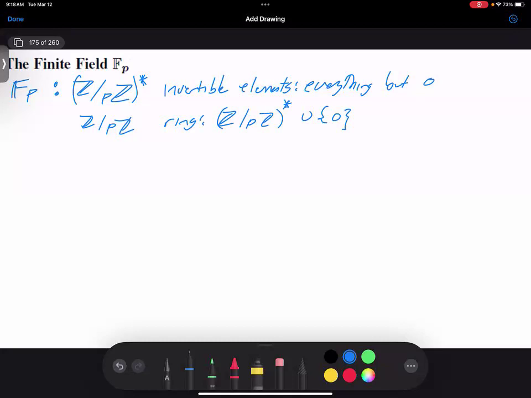What's the key ingredient in proving that if I choose something relatively prime to P, it has an inverse, a multiplicative inverse?